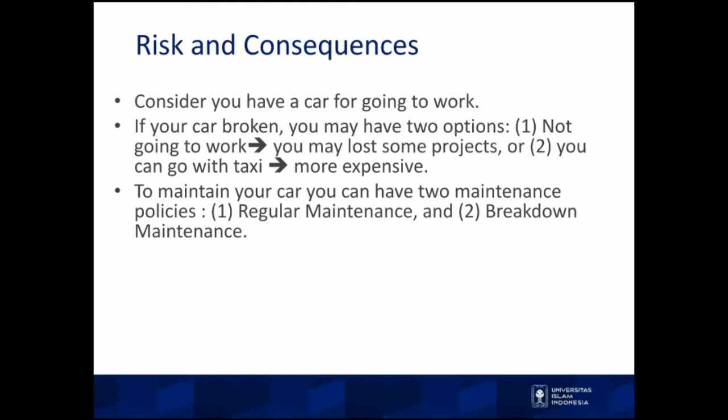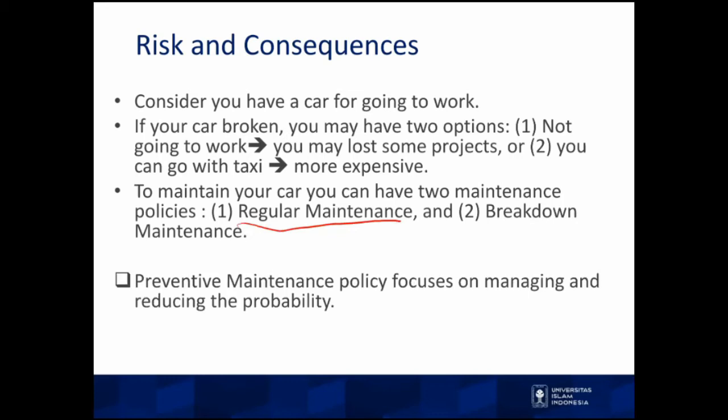To maintain the car, we can have two maintenance policies: regular maintenance or breakdown maintenance. You remember preventive maintenance, or regular maintenance, and breakdown maintenance. Actually, preventive maintenance is focusing on managing and reducing the probability.